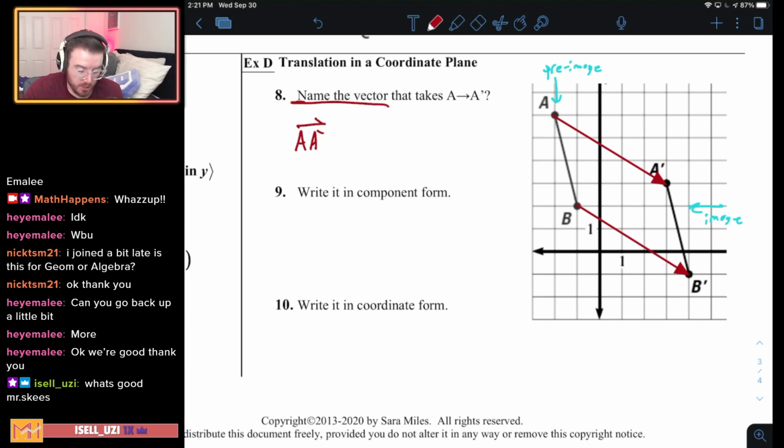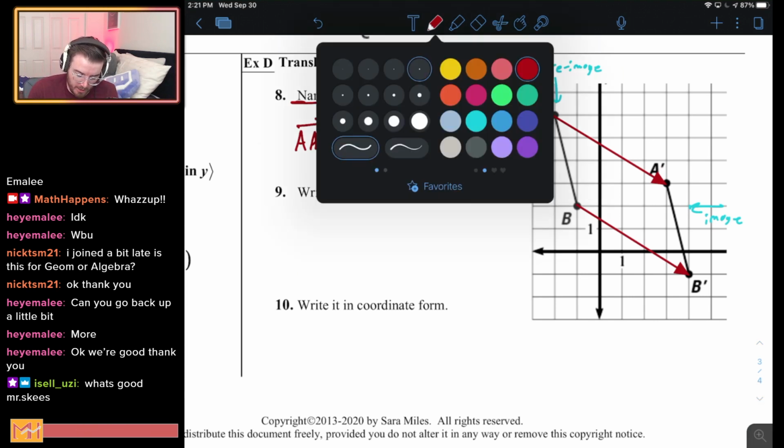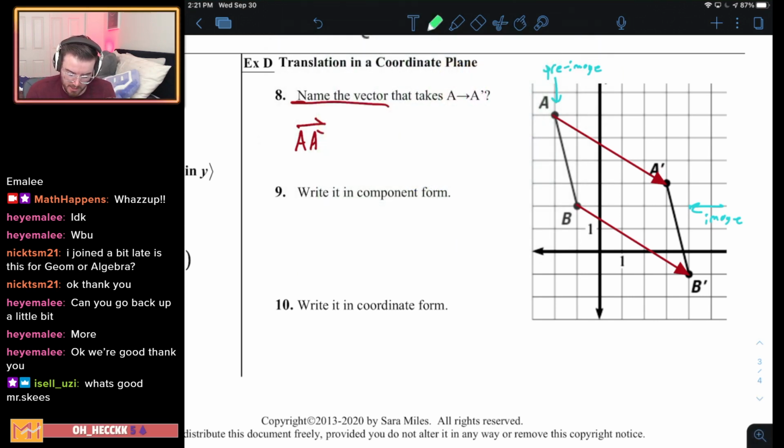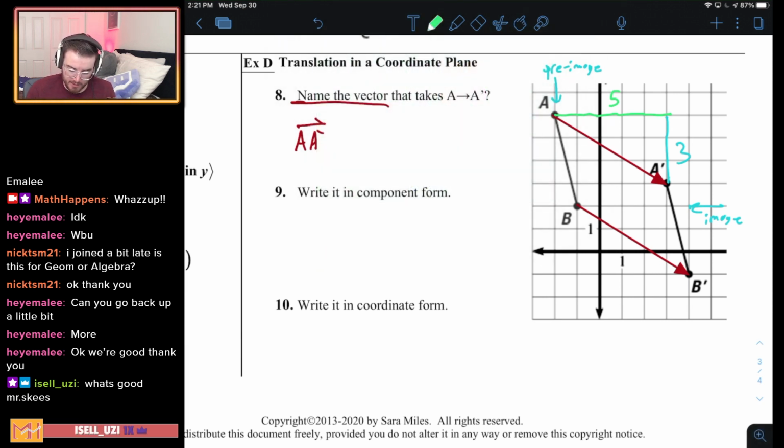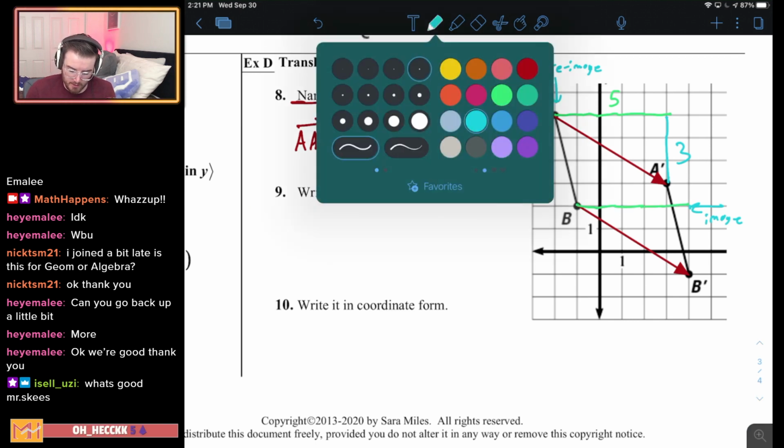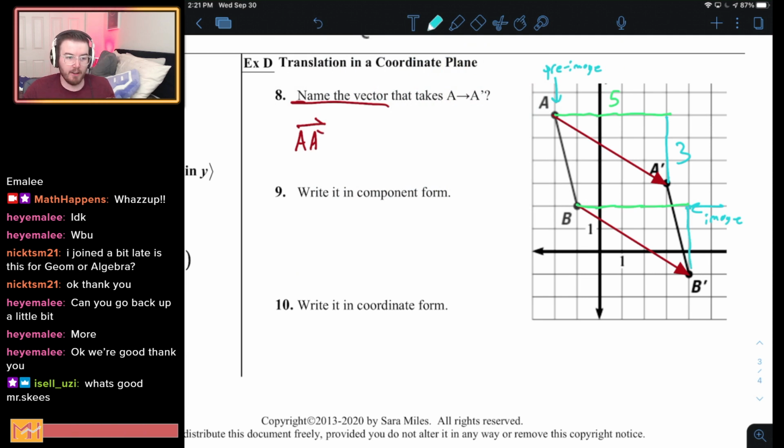What are the directions? You can probably already see the directions, right? You can already see the movement, hopefully. We went 1, 2, 3, 4, 5 to the right, and we went 1, 2, 3 down. Same thing for B as well, by the way. It's not like this is exclusive to A. We went 1, 2, 3, 4, 5 to the right, and 1, 2, 3 down.